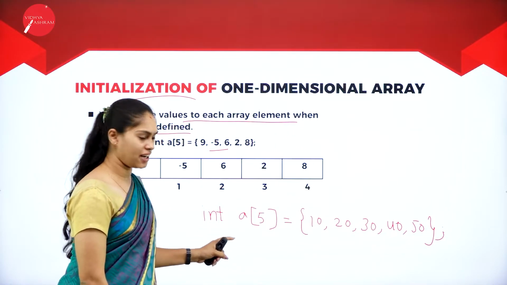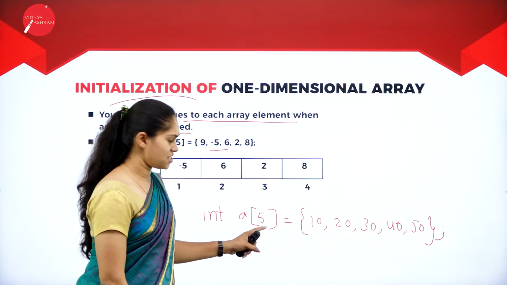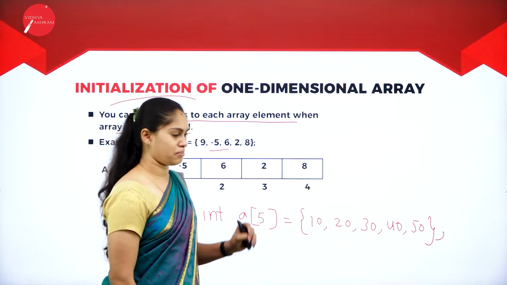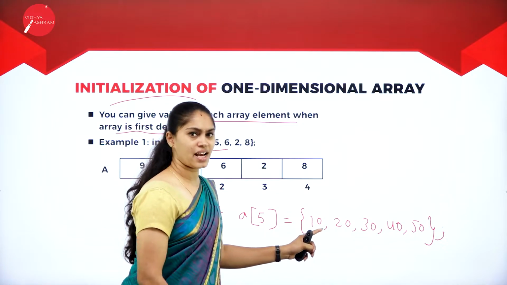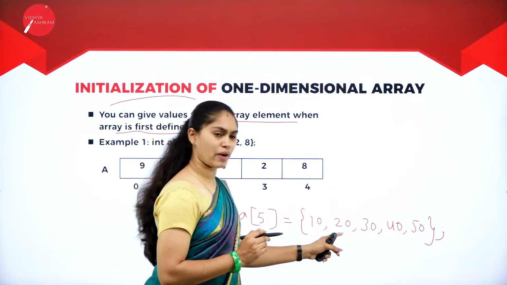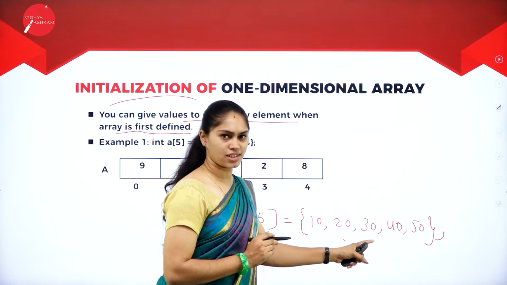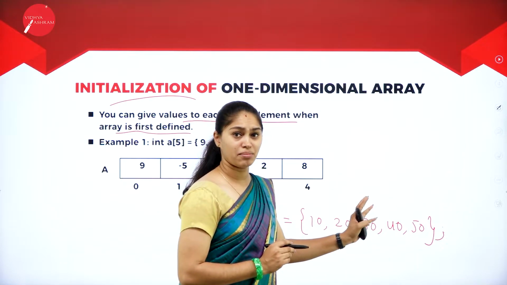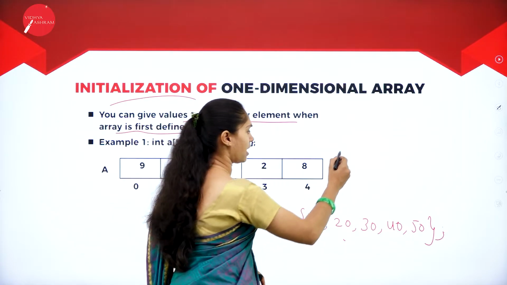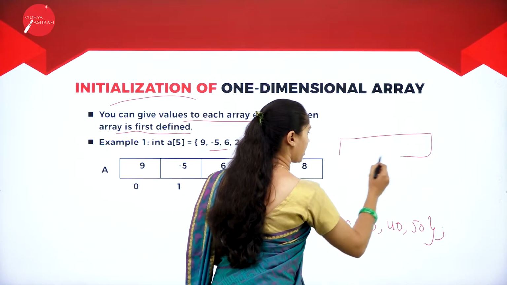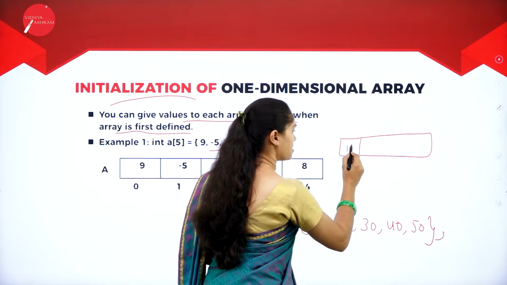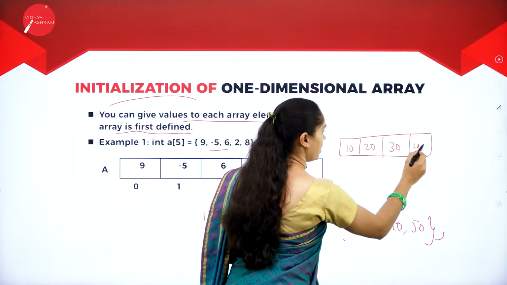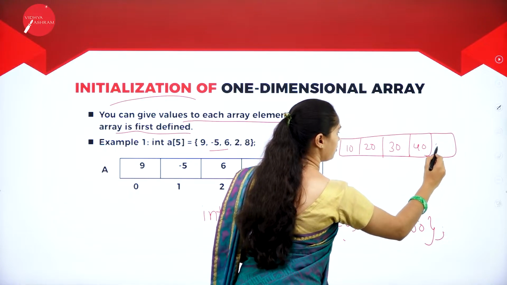So, integer data type, A is the name of the array, its size is 5. It will hold a maximum of 5 elements. Then 10 will be considered as the first element of the array, 20 the second element, 30 the third element, 40 the fourth element, and 50 the fifth element. How are we going to represent it? I have to take these brackets and let me consider 10, 20, 30, 40 and one more element, 50.